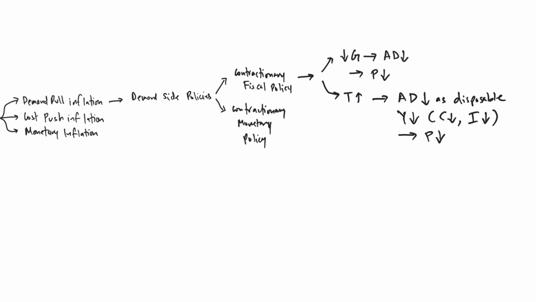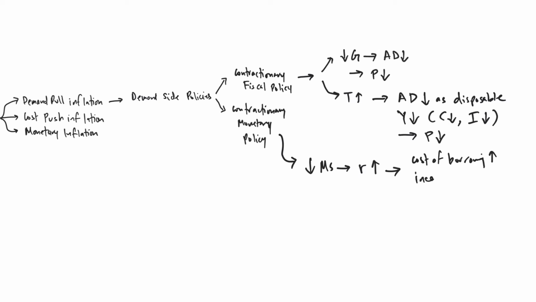On the other hand, monetary policy uses what we call money supply, which effectively changes the interest rate. So when the government decides to reduce money supply, that results in interest rates going up. A rise in interest rate would do two things. Number one, cost of borrowing will go up.